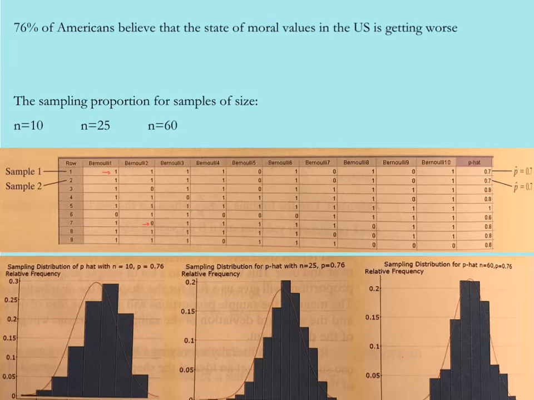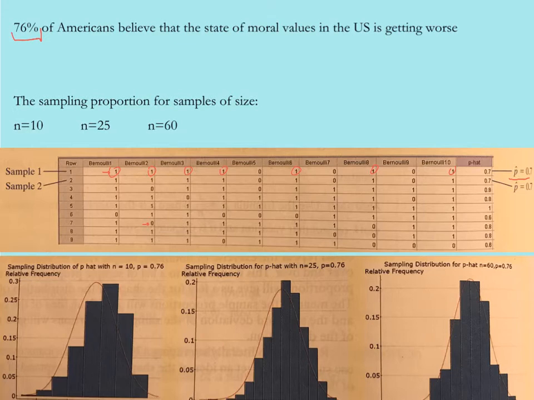In running this simulation, we can tell Minitab there's a 76% chance that you spit out a 1. That's why, looking across row 1, if you count them up, you have 7 ones out of 10 in your sample, so the p hat for that sample is 0.7.